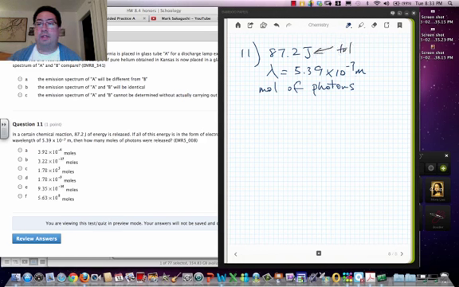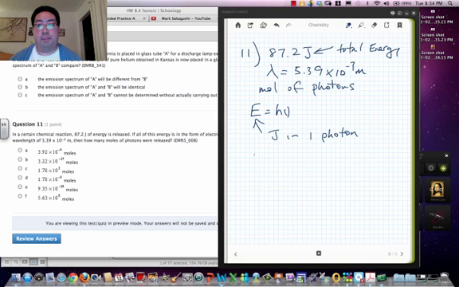This is the total energy. When we solve for E equals h nu, this is the joules in one photon. If we solve for the joules in one photon, we can divide to figure out how many photons make this many joules.